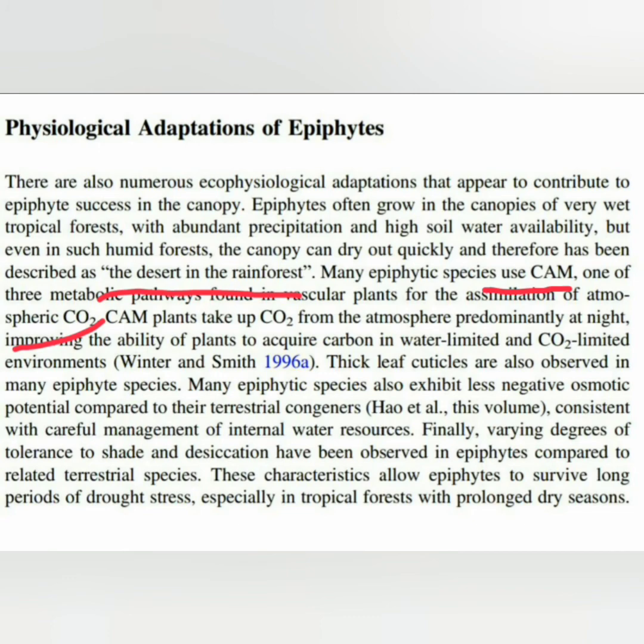The CAM plants take up carbon dioxide from the atmosphere predominantly at night, improving the ability of plants to acquire carbon in water limited and carbon dioxide limited environments.